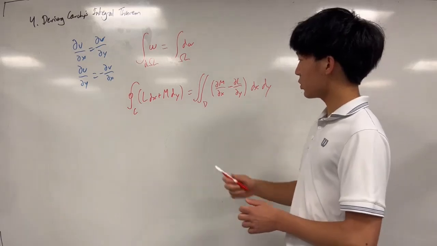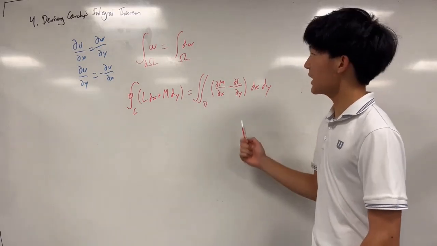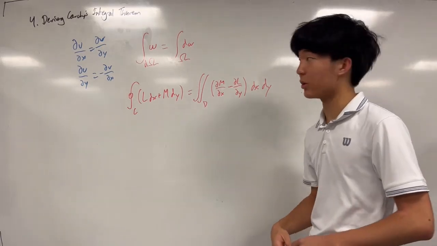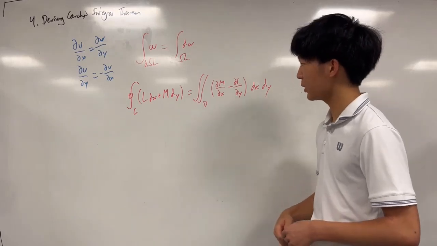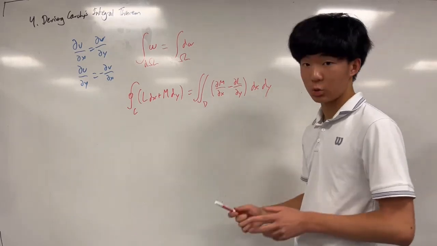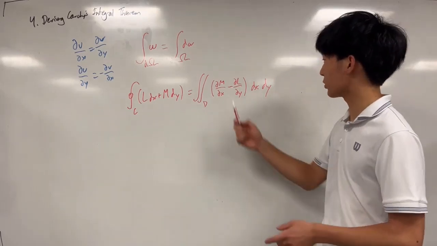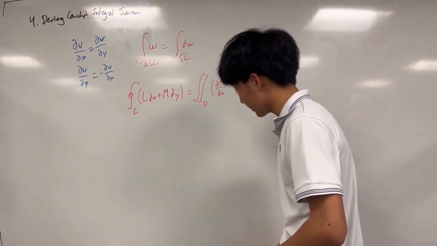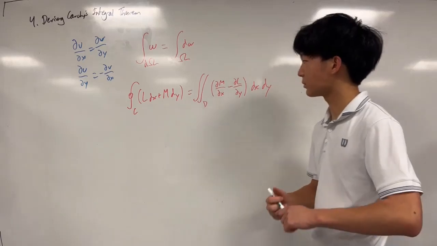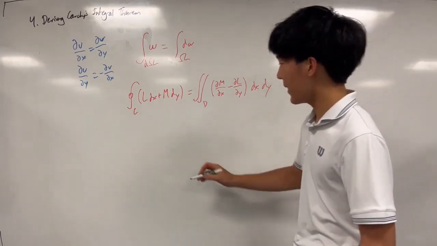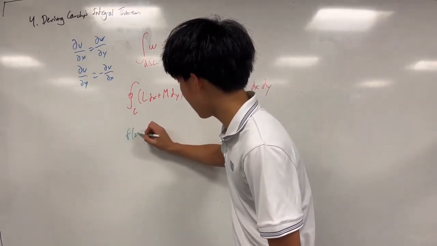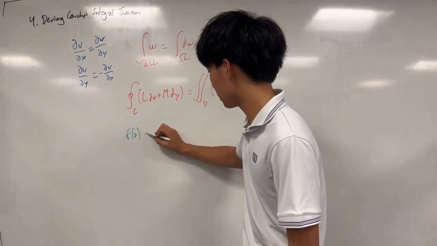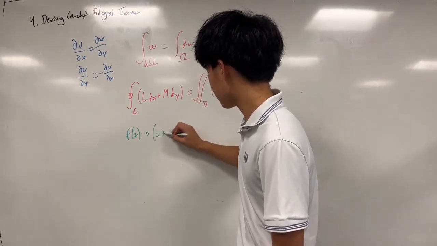Right. So a lot of this looks kind of familiar to what we saw last time with deriving the Cauchy-Riemann equations. We have two variable functions, we have partial derivatives, and so on. So let's see if we can relate them somehow. We go back to f of z, and we split it up into u plus iv.